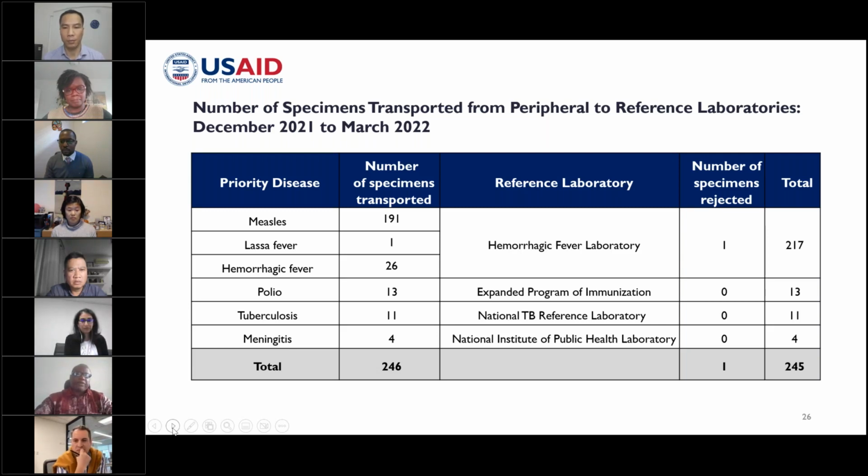Roughly, samples transported included Lassa fever, hemorrhagic fever suspect cases, polio samples, tuberculosis samples, some meningitis samples, etc. But here I would like to stress the hemorrhagic suspect cases and the Lassa fever. When we have cases like that, samples were transported accompanied by a healthcare worker, so samples were not coming like the other diseases. Next slide.